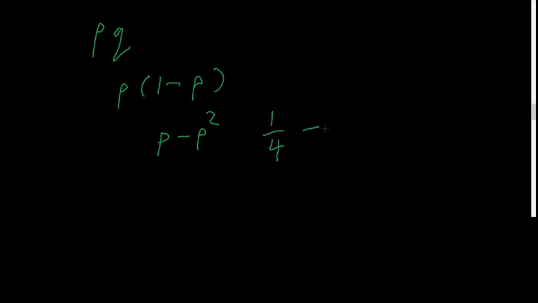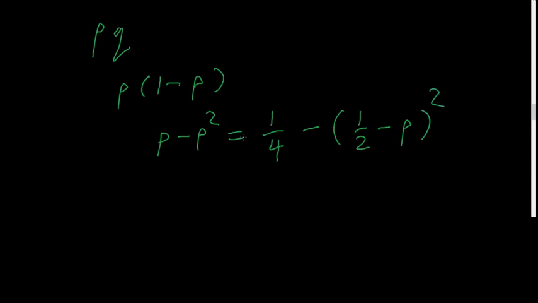Well, pq, I want to show that's less than or equal to a quarter. Let's write it as p times 1 minus p. So that's p minus p squared. Let's complete the square. That's a quarter minus half minus p squared, I think.